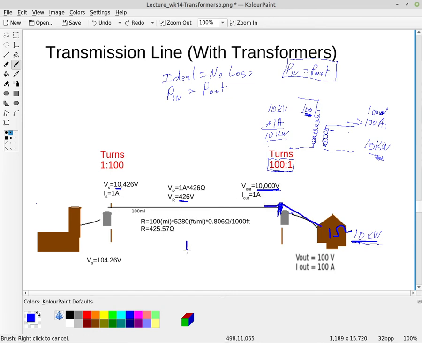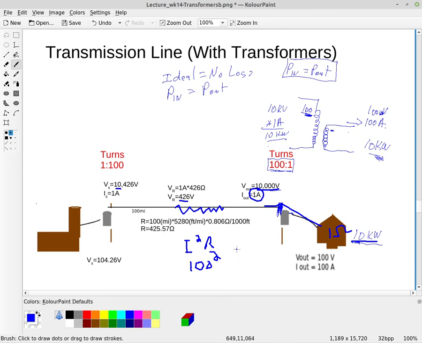So remember, there's resistance in here, and the power in there is I squared R. So the power lost in your transmission lines is I squared R. So if you can drop your current by a factor of 100, I dropped my current from 100 amps down to 1 amp, that's a factor of 100 squared.